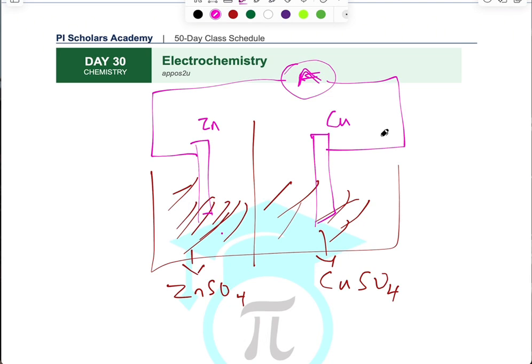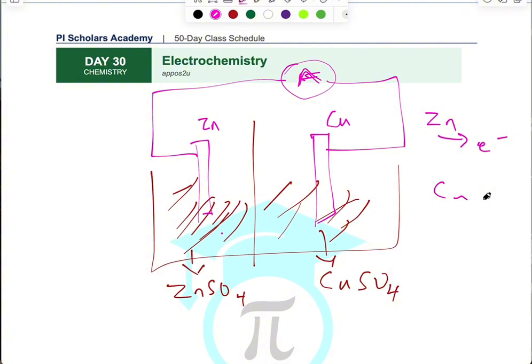But in the case of this electrochemical cell, now I want you to pay attention to something. Based on the electrochemical series, zinc is above copper. Once one is above the other, there is a kind of ease with which they lose electrons. The ones above find it easier to lose electrons than the ones below.